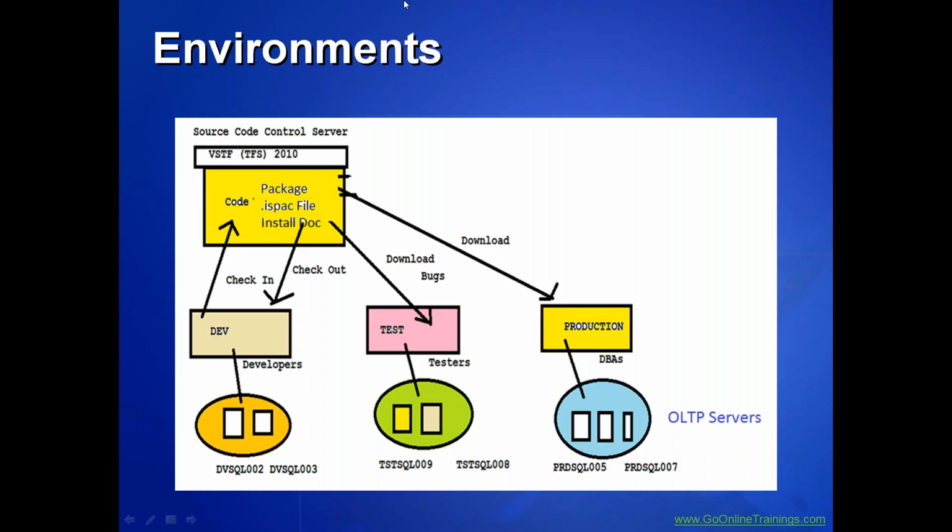So the deployment document is very, very essential. You are supposed to give the code plus the install document, called a deployment document, that you need to check in. So they will be downloading this installation document to their environment and they will be installing as per the steps given there.